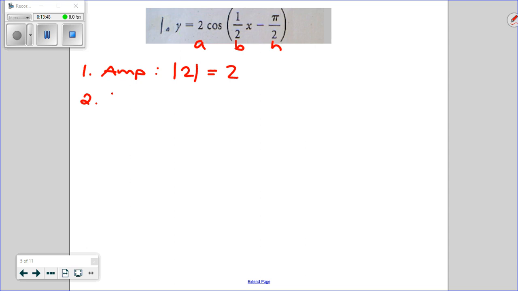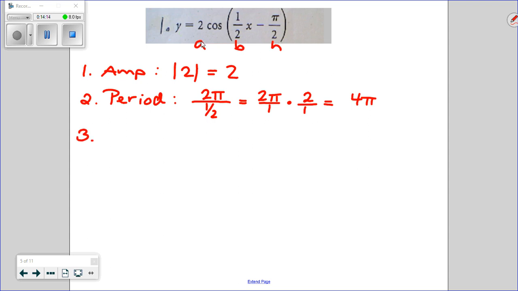All right, step 2, find the period. Okay, the period is going to be 2 pi divided by b. So your b is 1/2. Okay, so this is the same as 2 pi over 1 times the reciprocal of 1/2, which is 2 over 1. Multiply straight across and you get 4 pi.